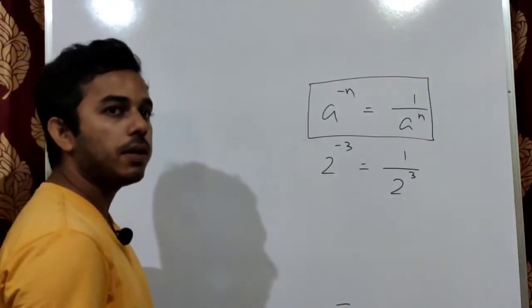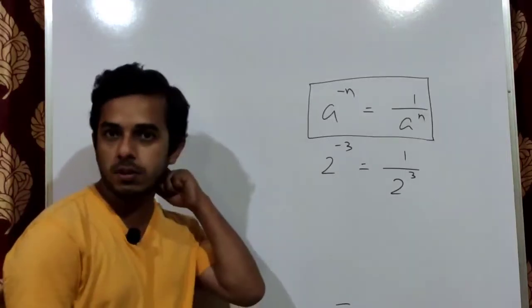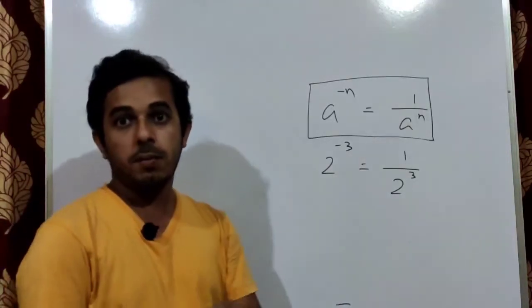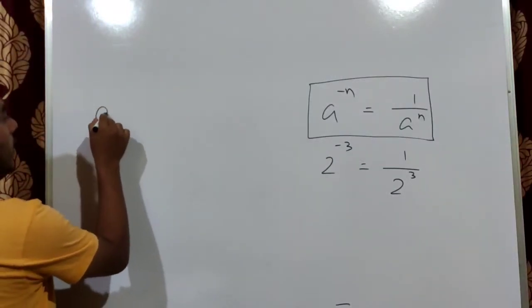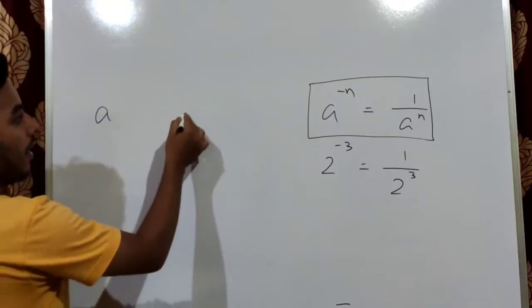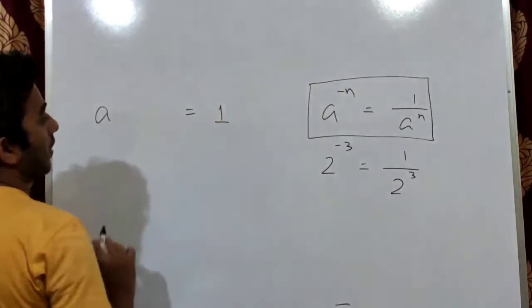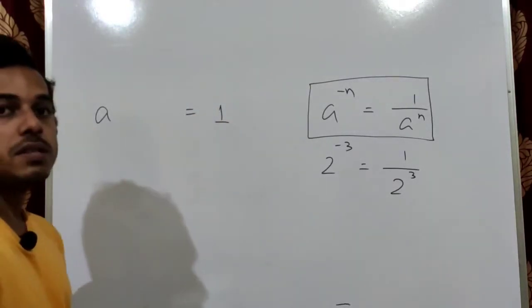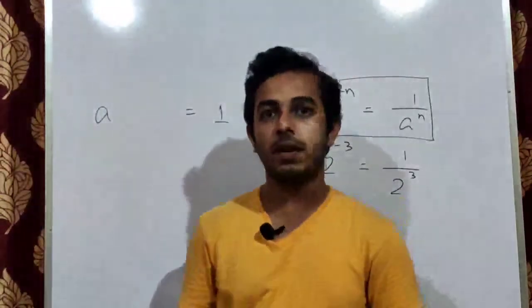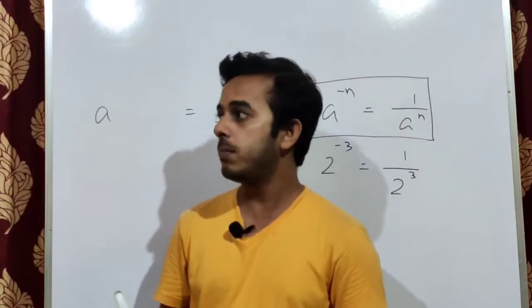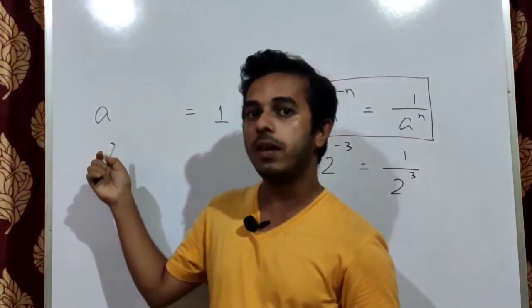Another is multiplicative inverse. So multiplicative inverse means what? Okay, for this let us take one example. For example, let a number be a. In multiplicative inverse, the product of a number and its reciprocal is 1. That means the reciprocal of a is what?